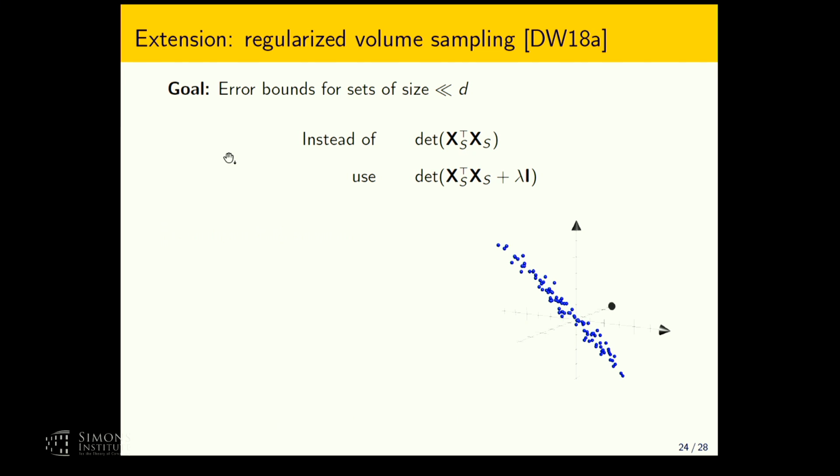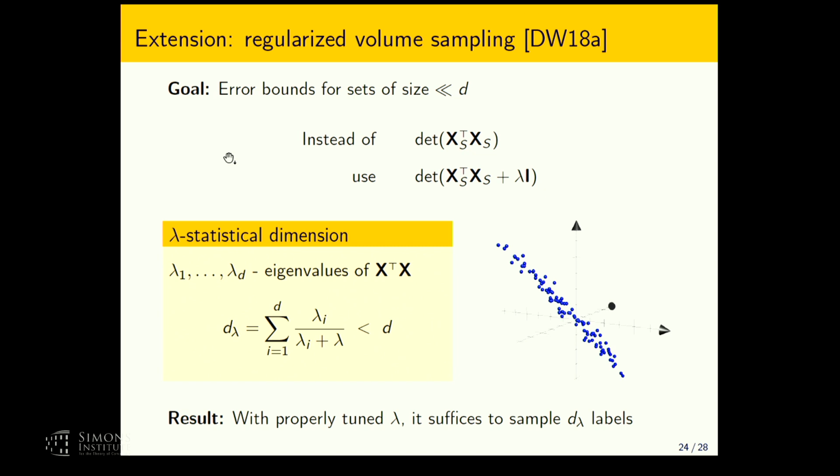So instead of using the simple determinant, which would be 0 for sets less than D, you use the determinant plus some regularization. And it turns out you can recover very good sampling guarantees for ridge regression in terms of the statistical dimension. This is the standard statistical dimension for ridge regression.